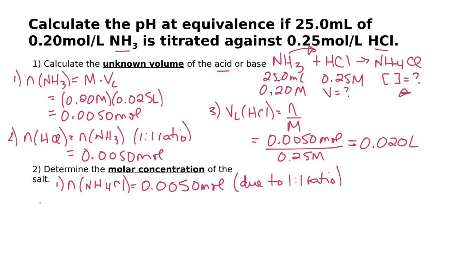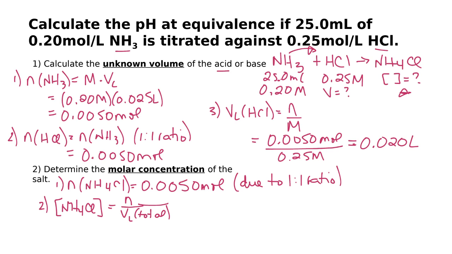So then we want to do our molar concentration of ammonium chloride. And in order to do that, we need moles divided by volume in liters, but it has to be the total volume. It has to be the total of the acid and the base, because after your titration, you've added acid and base together in your Erlenmeyer flask.